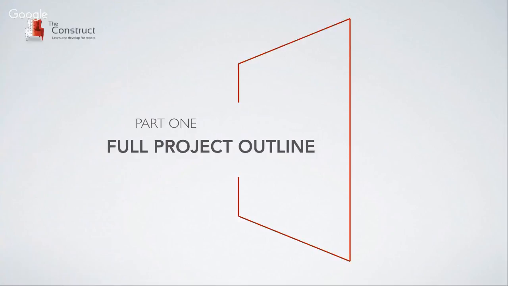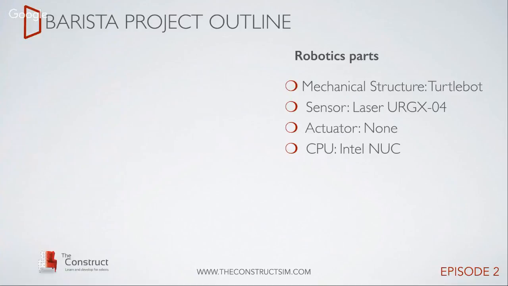So let's go. First, I would like to start by sharing with you the Barista project outline. And here, there is a small error in the slide, but it's okay. If you followed the previous episode, you had several parts that you have to take into account and decide related to your project.